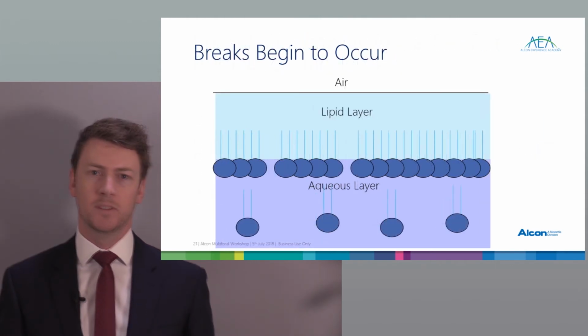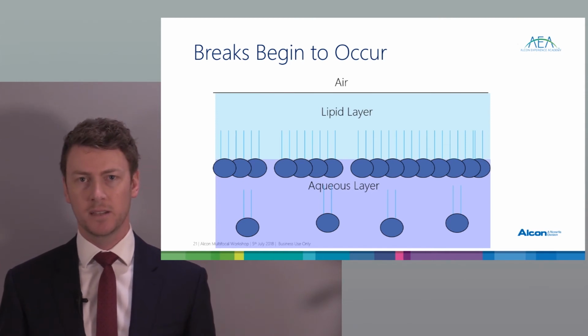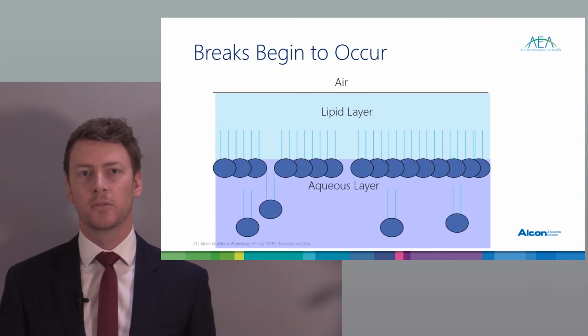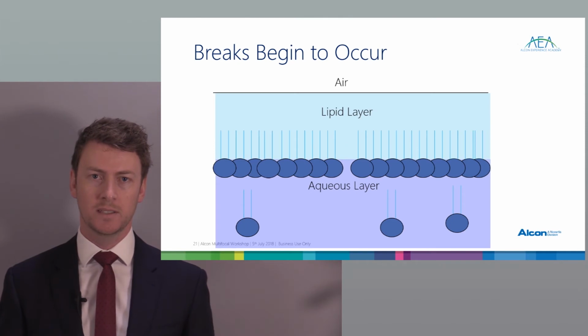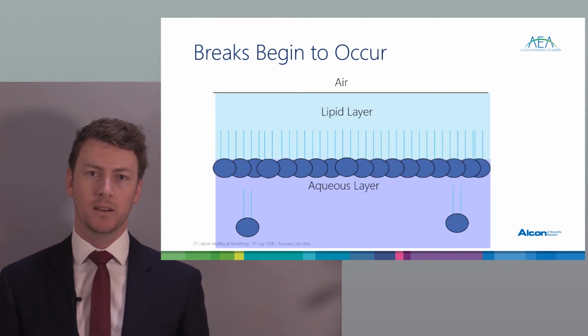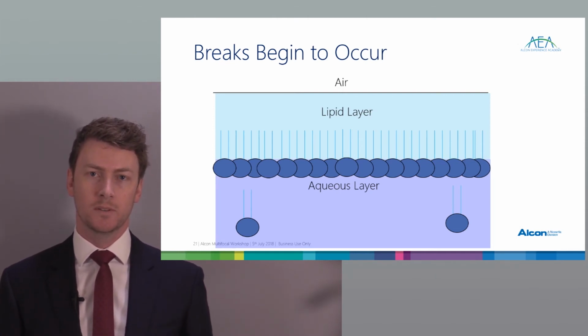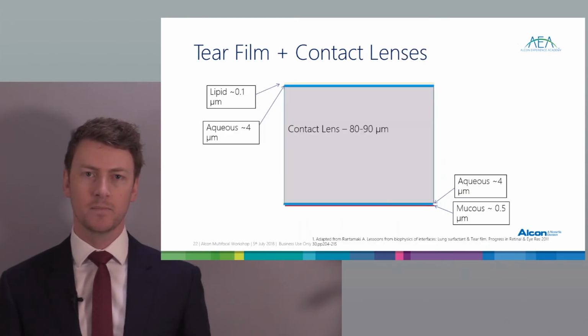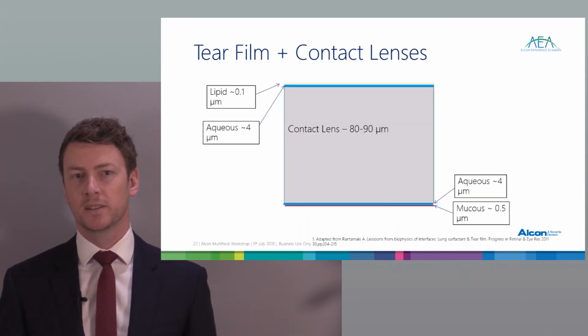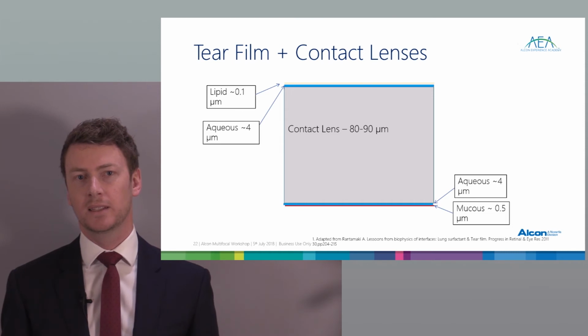Now, if that phospholipid layer starts to break down throughout the day, you can see how the free-floating phosphatidylcholine can come in and plug those gaps, replenish that lipid layer and restabilize the lipid layer, which will help our overall tear film stability. Now, this is what happens to our tear film when we put a contact lens on the ocular surface.